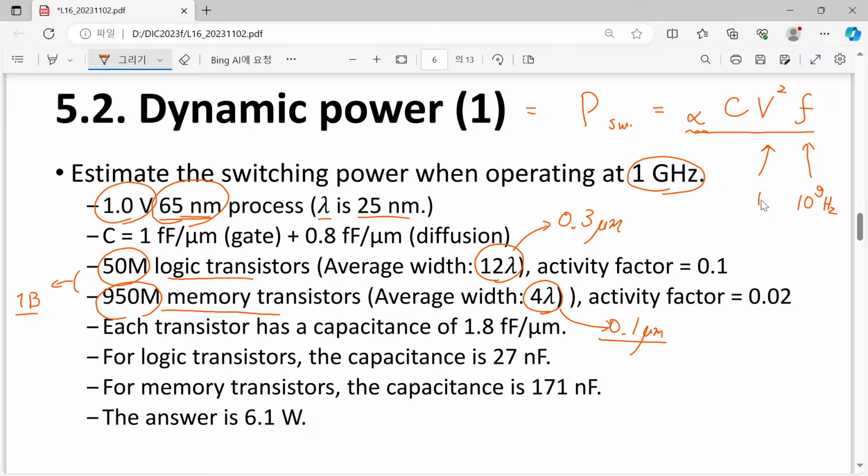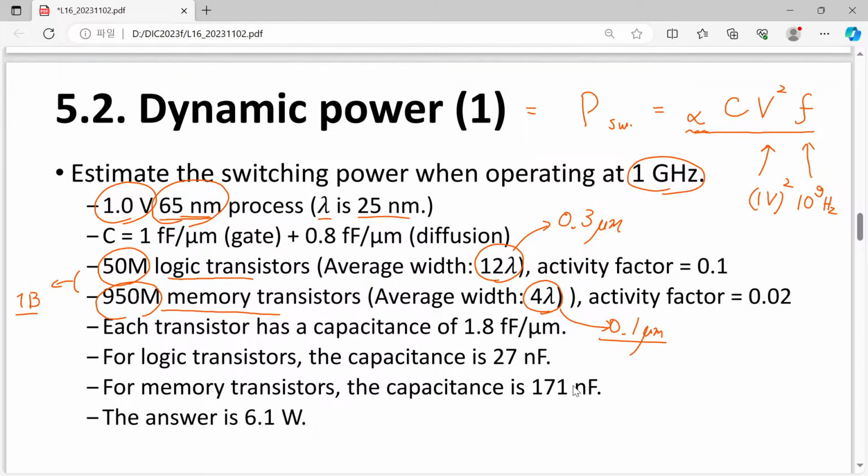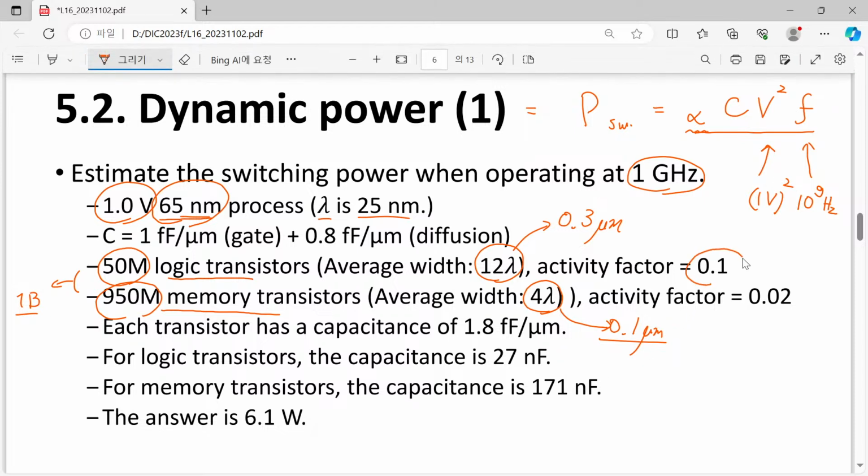Okay, now we have V squared of 1 volt, and now we have two types of devices. One is the logic device and one is the memory device, whose activity factors are different.